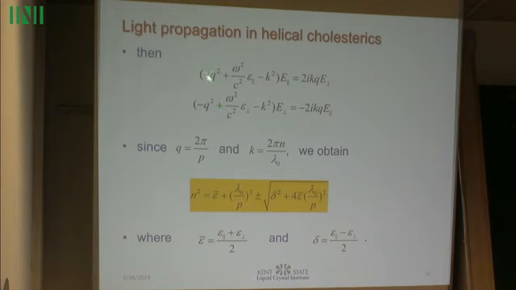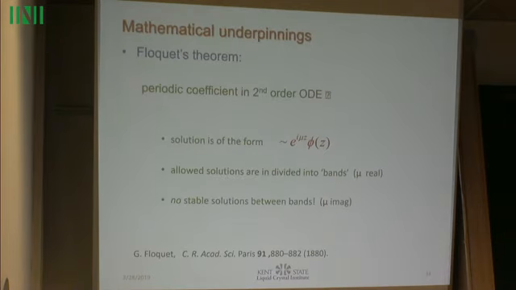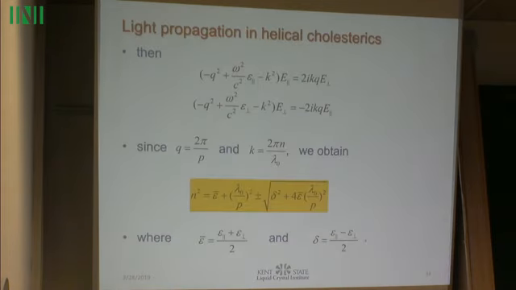What I want to point out is that Q is just 2 pi over the pitch of the structure, so this is sort of the wave vector of the structure. And K is the wave vector as usual.